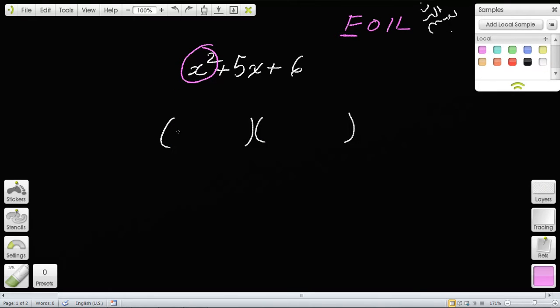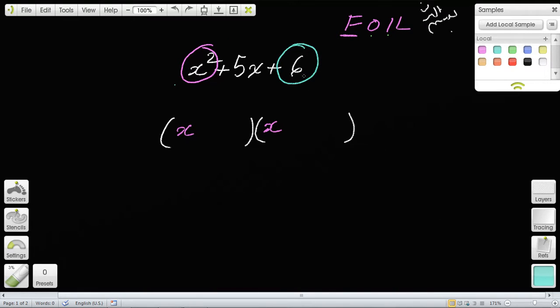Well, that's easy enough. If I have an x over here, if I have an x over here, x times x, the first two terms will give me x squared. Okay, and then we have this O and I, right? So outer and inner. Okay, that's this and that's this, right? So we're going to skip that for now. Okay, then we look at the very last term. Okay, so we look at this term. Remember we said that's the first step, that's the second step, this is the third step, and that's the fourth step, right?